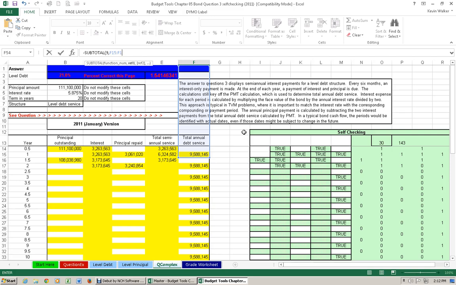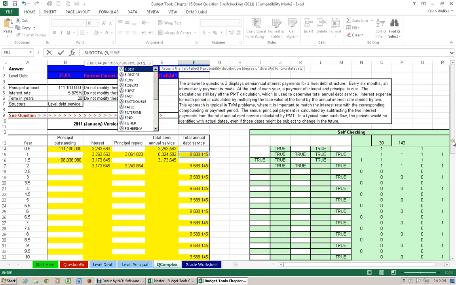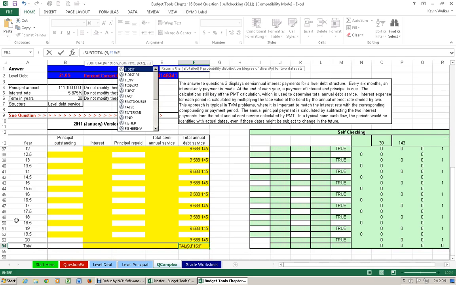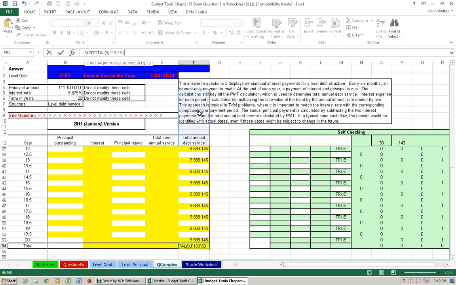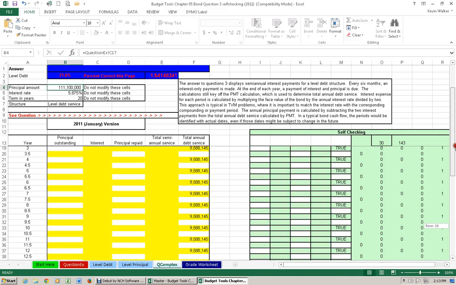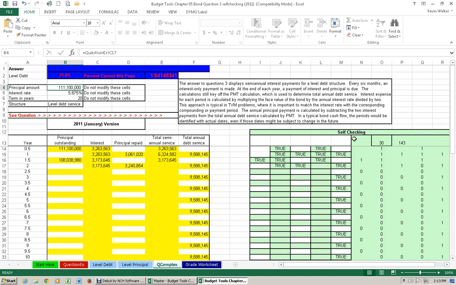I don't need help with that because it's all the way down to F. What is the last row? F53. Close the brackets. Not sure why that gave me a negative number. It shouldn't be.